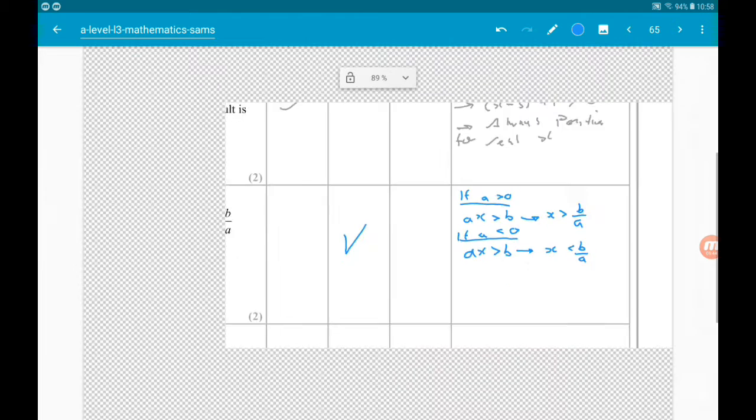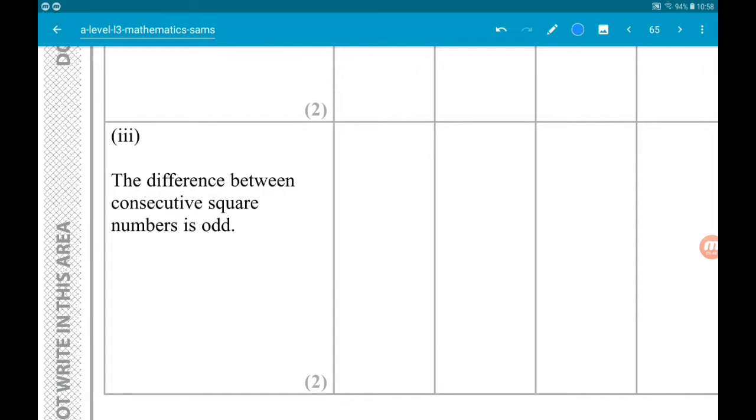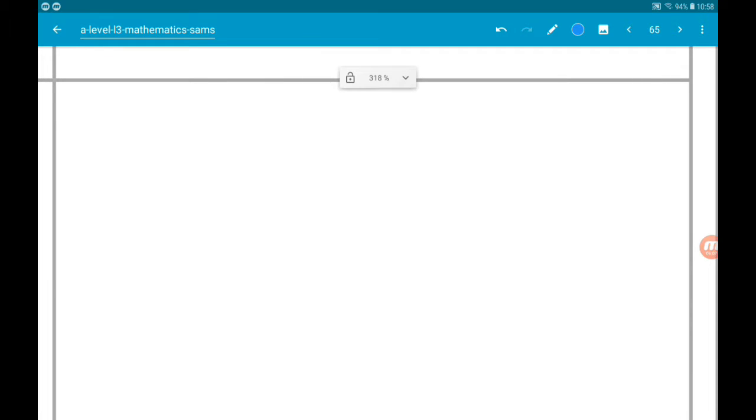Okay, and for the third one, we are given the difference between consecutive squares is odd. Okay, so for that one, we might have done this one at GCSE, it does pop up.